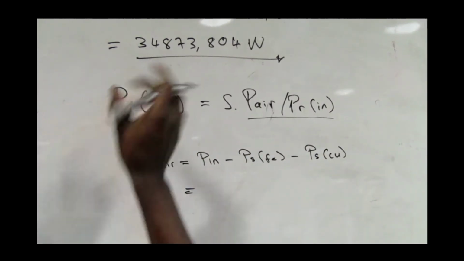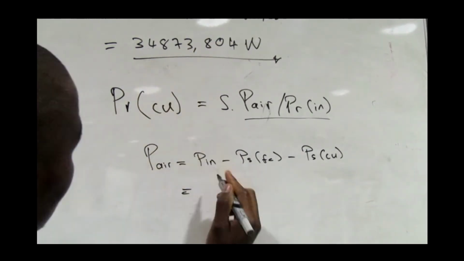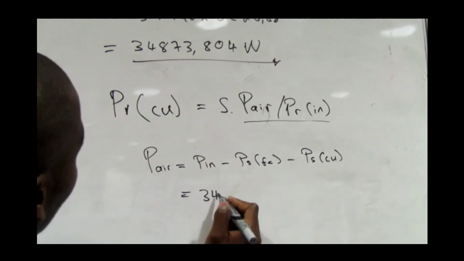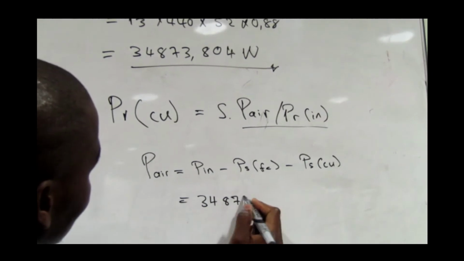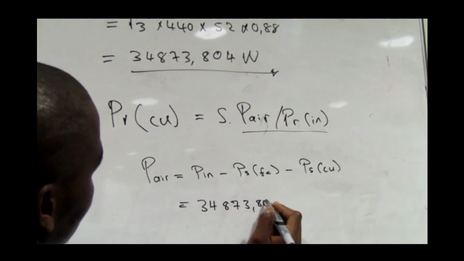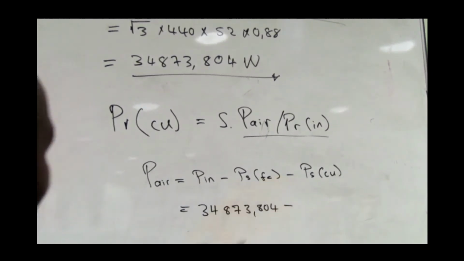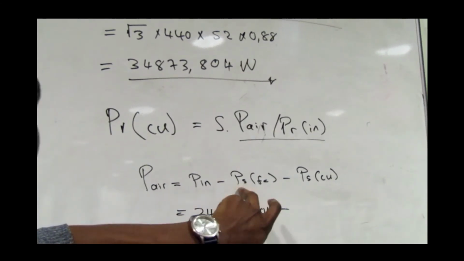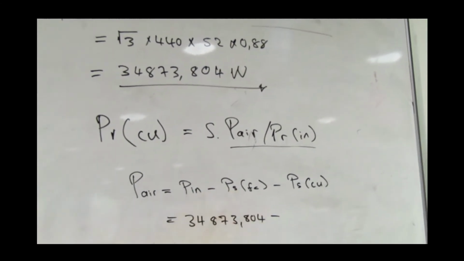Now at this moment, as we have calculated our P in, it was given as 34873.804, and I have said the iron loss, whether at no load or full load, stays the same.